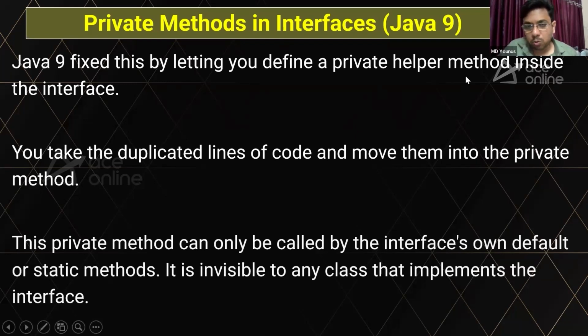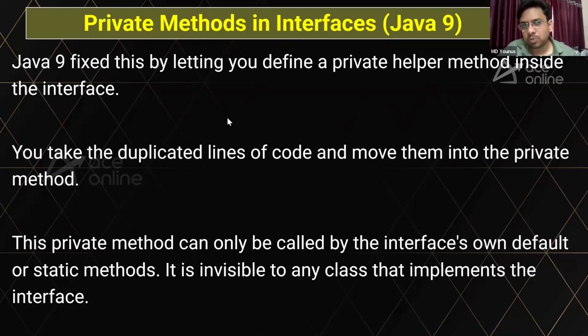These private methods can only be called by the interface's own default or static methods. It's invisible to any other class. That's what we want. We don't want this to be visible to other classes. That's why Java 9 says that you can make these methods private as well. So if you want some methods which can be used by the same interface only, then you can go for private methods.